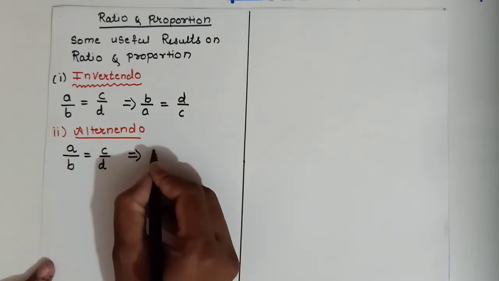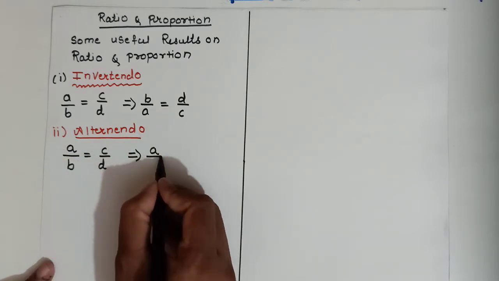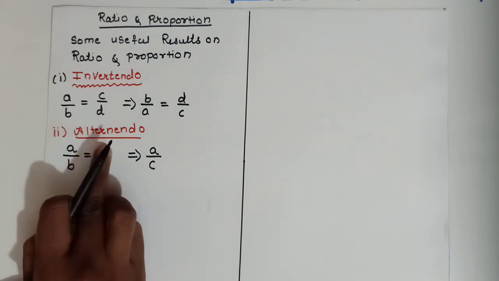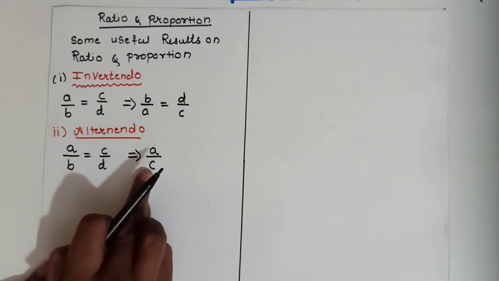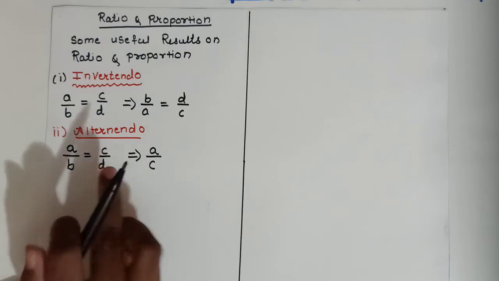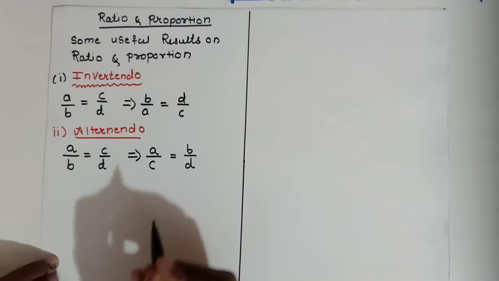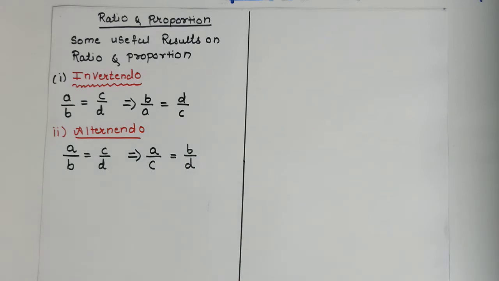So it becomes A upon C equals B upon D. These are very simple properties, and their application is also very easy. So don't complicate it and make it difficult for yourself to understand.